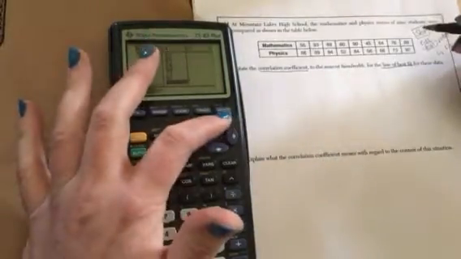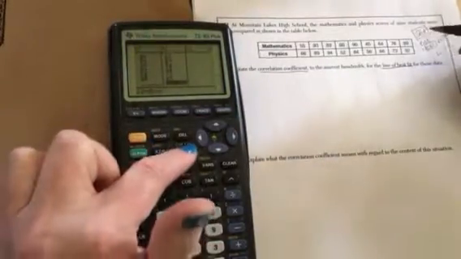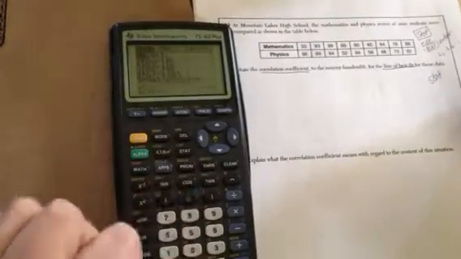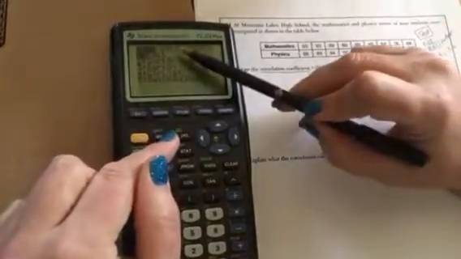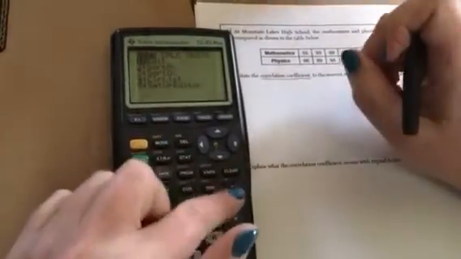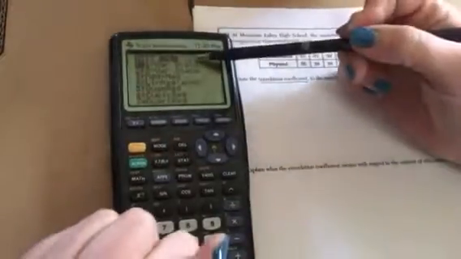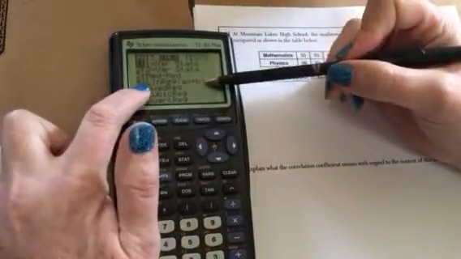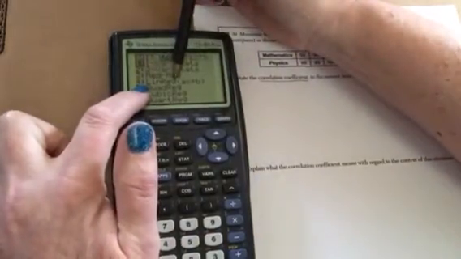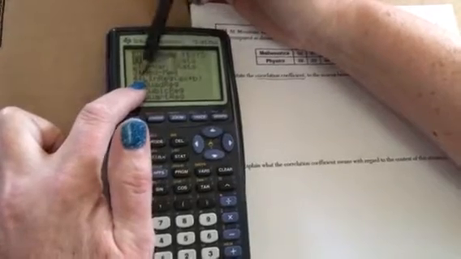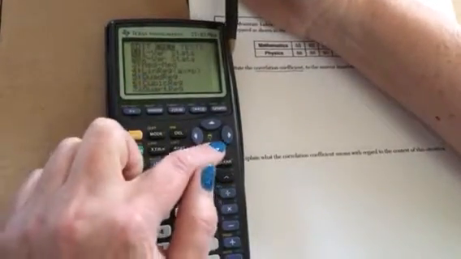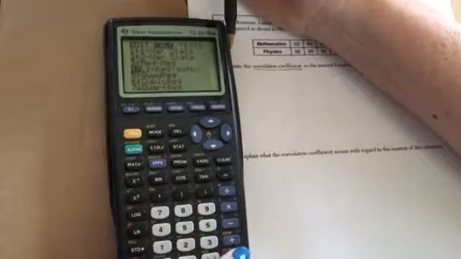Next, we're going to hit stat again, but this time we're going over here where it says calc. All right, and it gives me all of this information, but this is what we want. See this linear regression? That's what LinReg number 4 stands for. This is the one we want. So we go down to 4 and we press enter.